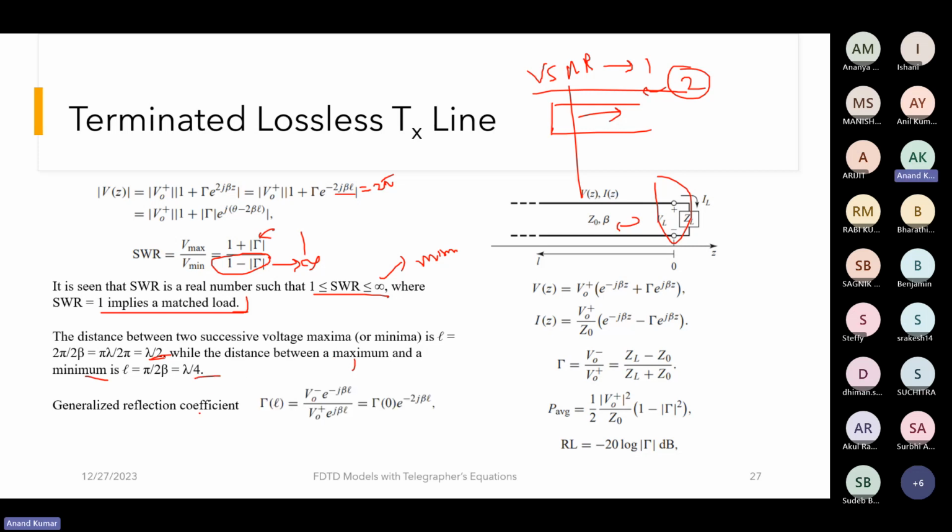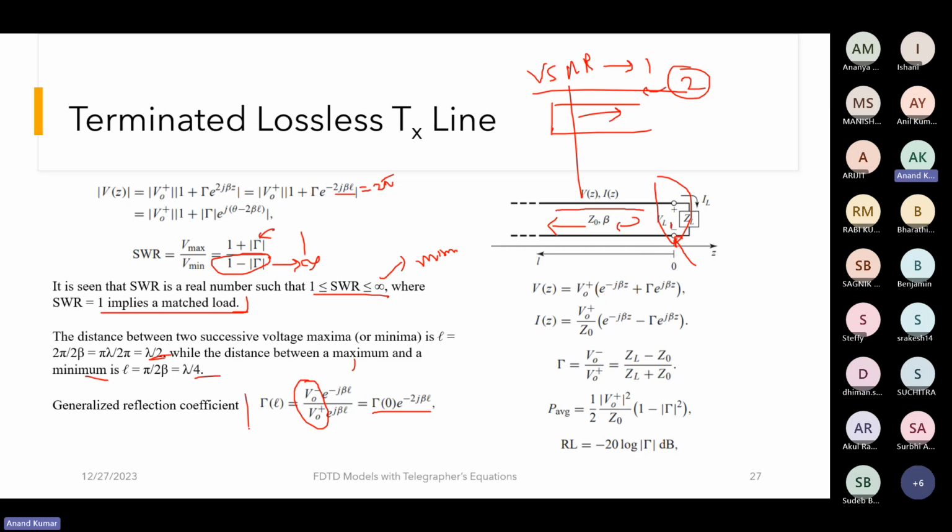You can also write the generalized reflection coefficient. Up till now we were talking about the reflection coefficient at z equal to 0, near the load. Since we have the expression for voltage at any point on the transmission line, we can use that, and we know that this particular ratio is at this point over here, so we can write it as gamma at 0 times the variation through the transmission line.